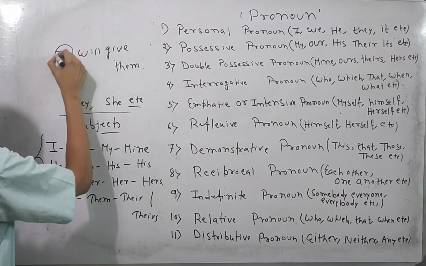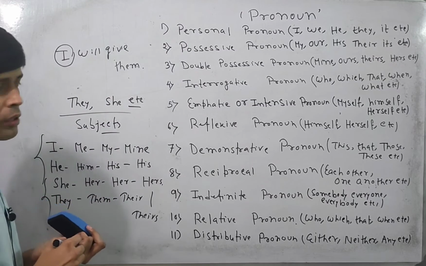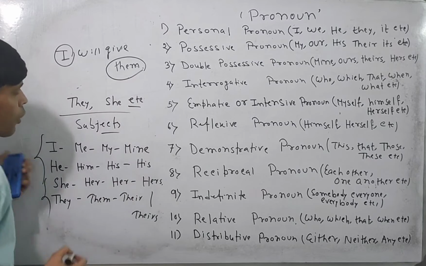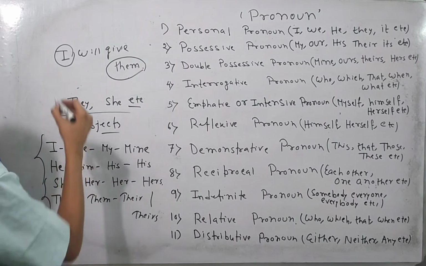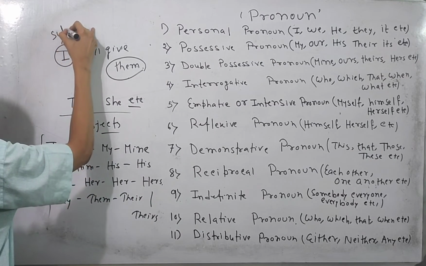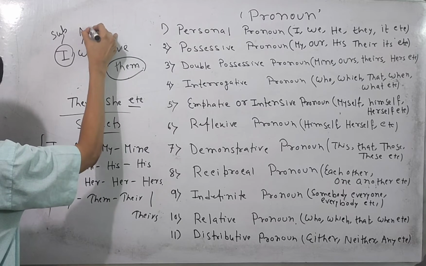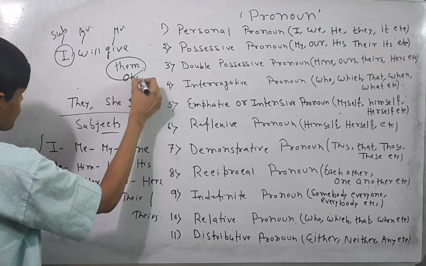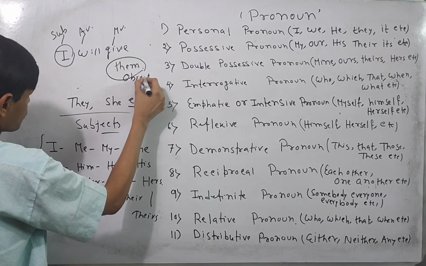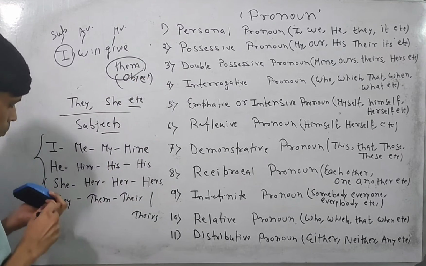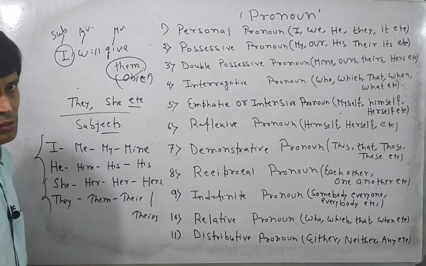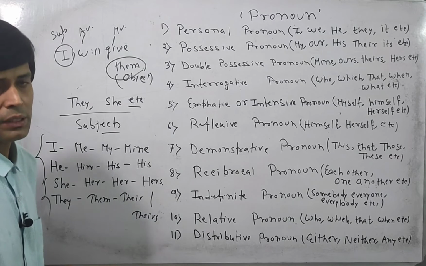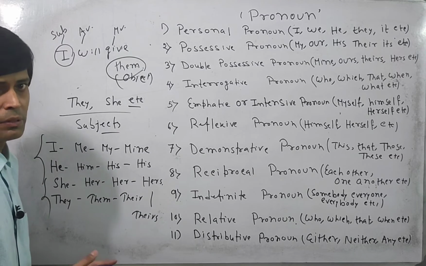Here I is functioning as subjective pronoun. Them is also a personal pronoun but objective in form. That means this is the subject, this is the auxiliary verb, this is the main verb, and this is the object. That means personal pronoun has diverse uses, sometimes as subject, sometimes as object, sometimes as possessive, sometimes as double possessive.